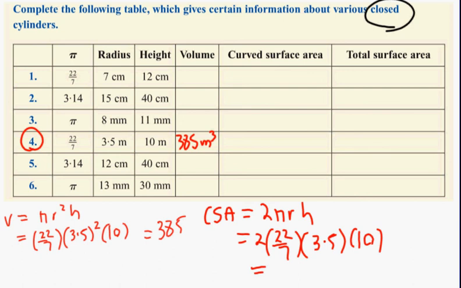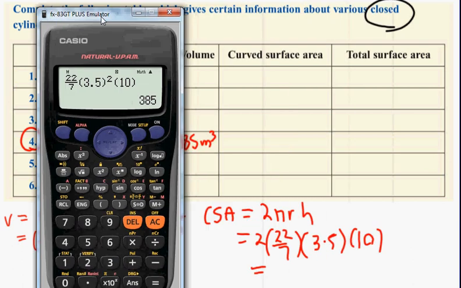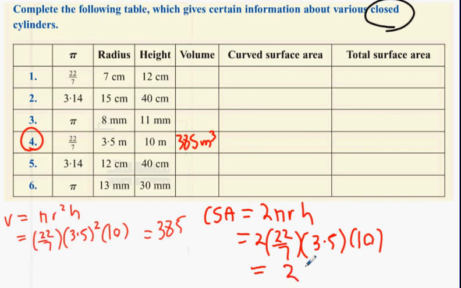Anybody tell me what that is? 220. Meters squared or meters cubed? Because you can unravel surface area into a two-dimensional object, it's considered an area, and you can sort of paint that. So that is 220 meters squared.